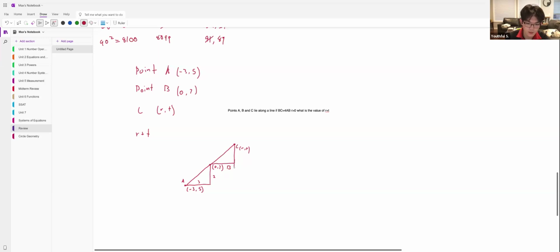And you can also extend it past down here. So then we have this and this, right? So then 3 squared plus 2 squared, which is 9 plus 4, gives us 13. So therefore, AB is a length of root 13.